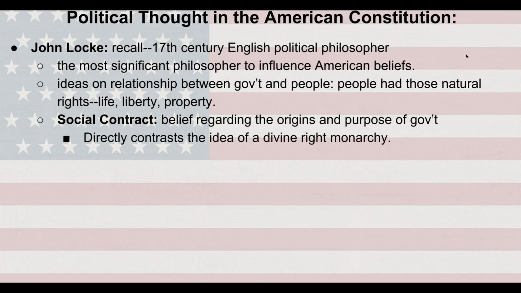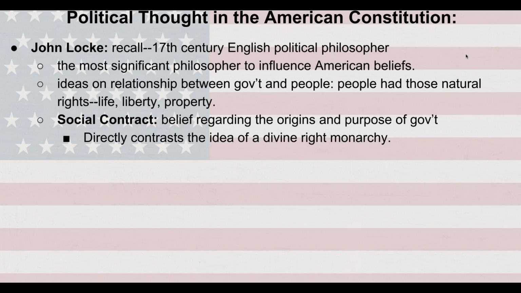And the purpose in regards to a government is going to really contrast the idea of the divine right monarchy, which had been very common in history and in Great Britain. This monarchy that was put on earth by God to rule in God's stead was the prevailing thought over much of history.